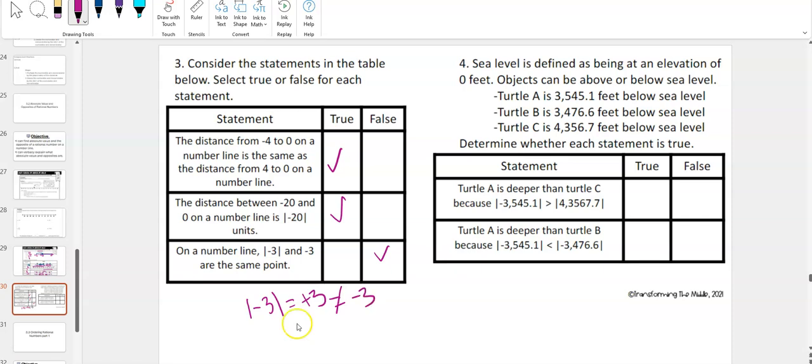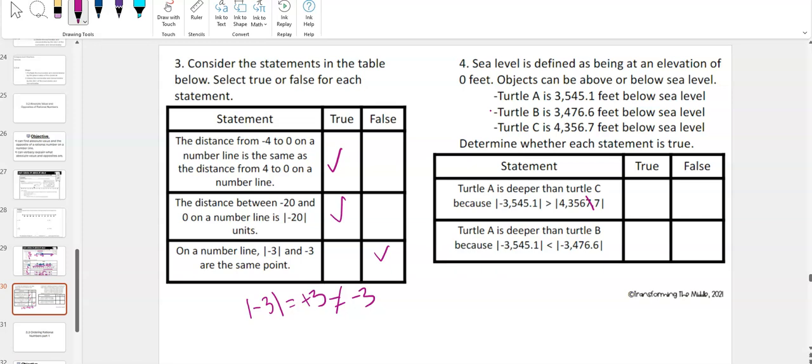All right, here we've got sea level and we've got some turtles, and we want to know what's true. Turtle A is deeper than turtle C because the absolute value of -3,545 and 1/10 is greater than the absolute value of 4,356. I think there's an extra number in here. It's 0.7. We're not supposed to have this extra 7.